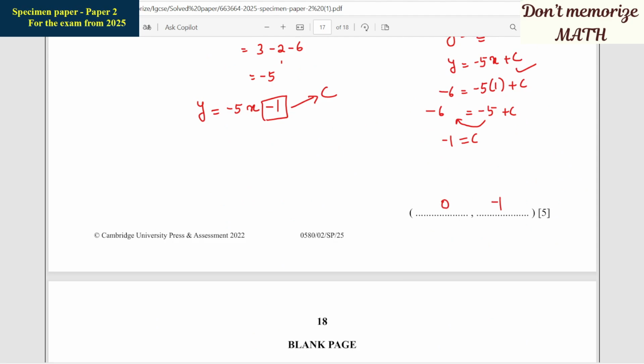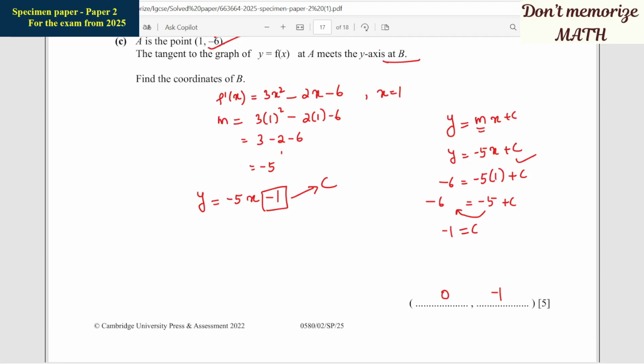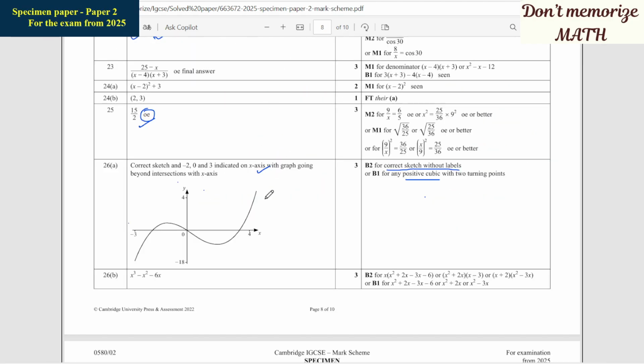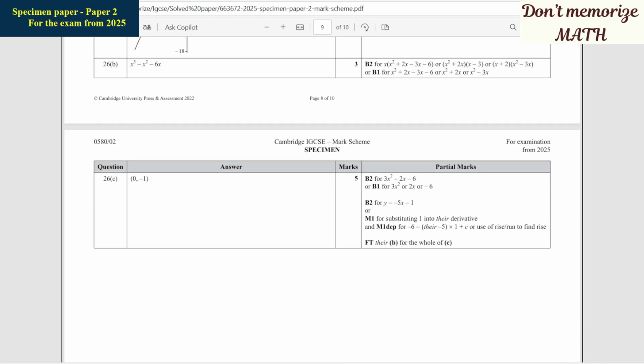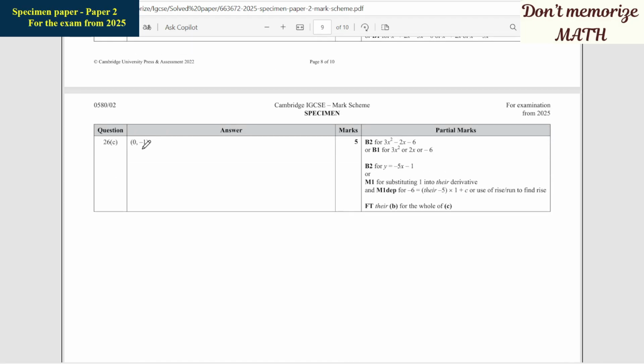This is a 5 marks question. So let's see the marking scheme for this one. The marking scheme for part C: the answer is 0 comma minus 1, that is right. Then B2, 2 marks, if you expanded and wrote like this, or B1, 1 mark, is for 3x square. Yes, this is the f dash of x. If you found the correct f dash of x, you will get 2 marks.